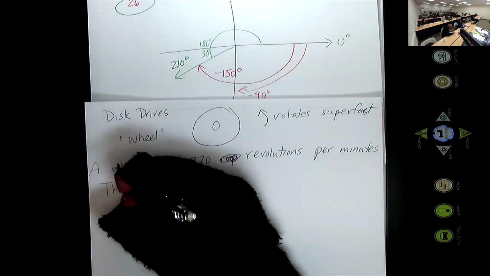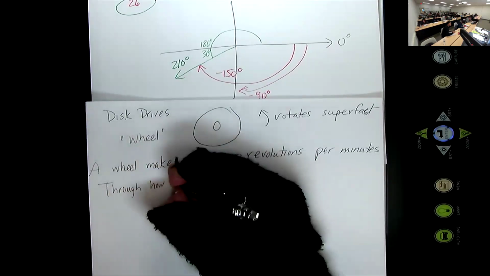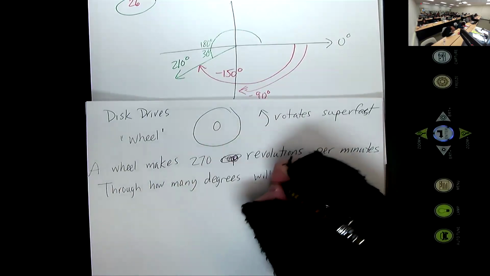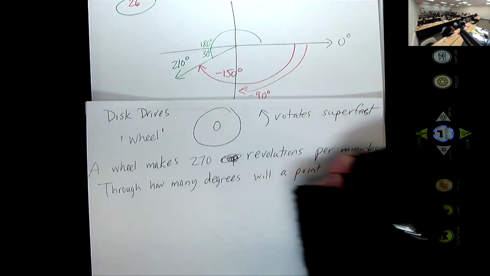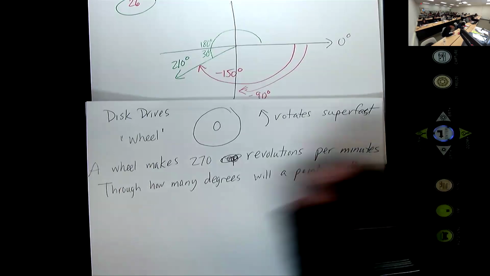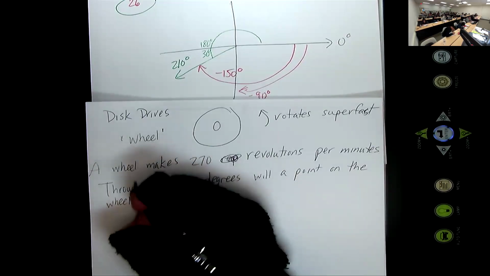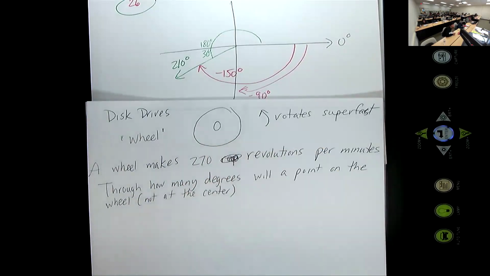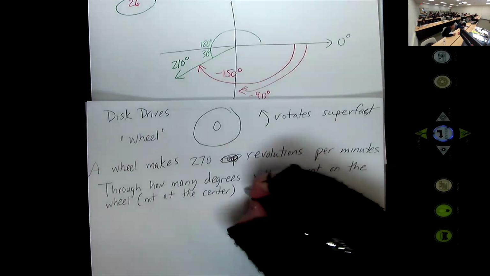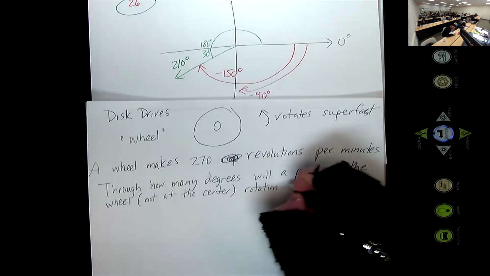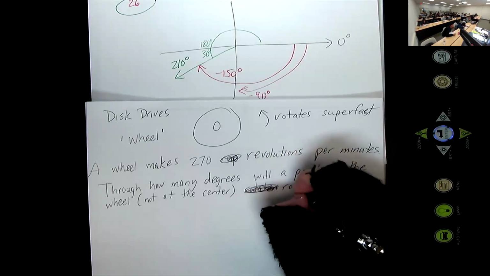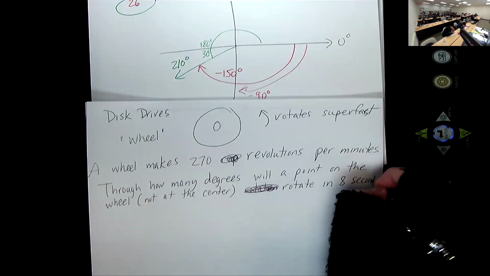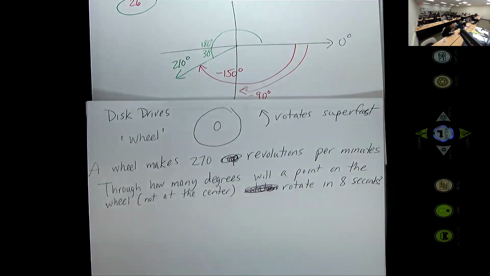Through how many degrees will a point on the wheel, not at the center, rotate in 8 seconds? That's time in seconds here.